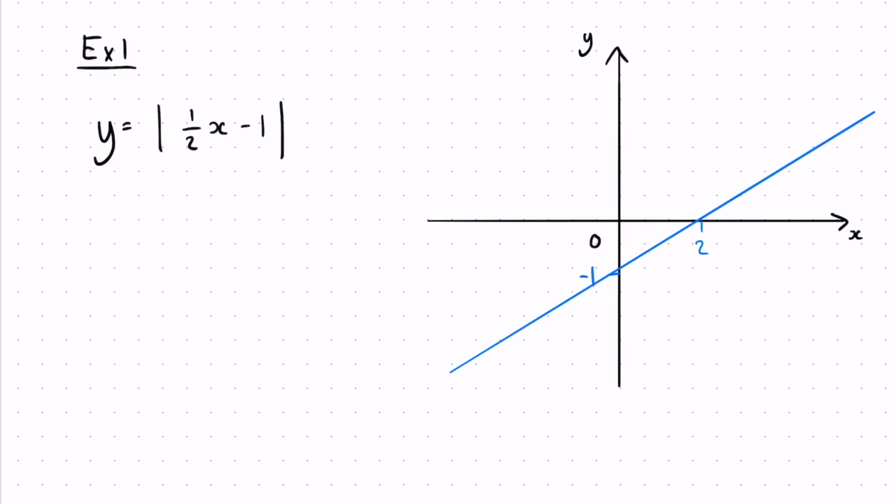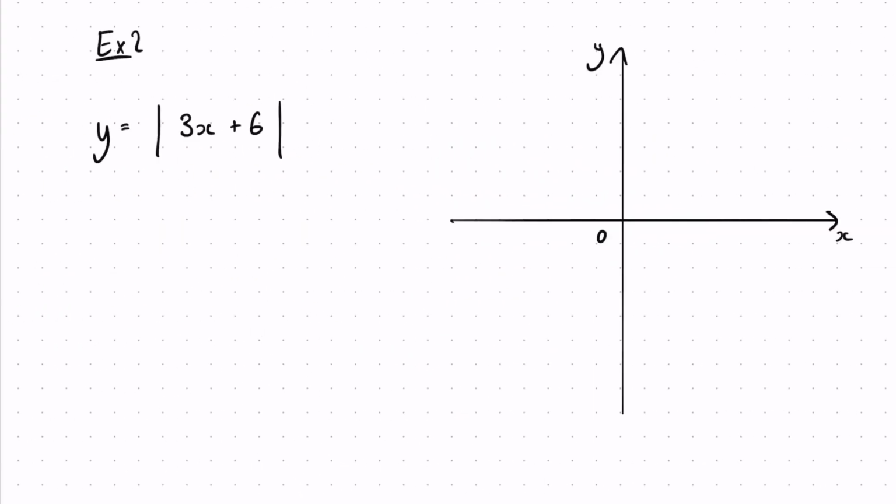So what our graph will actually look like is something like that, where it will cross the y-axis now at positive 1. So this is y equals modulus half x minus 1. Every time it hits the x-axis, it's reflecting up in this case. Let's have a look at another example.